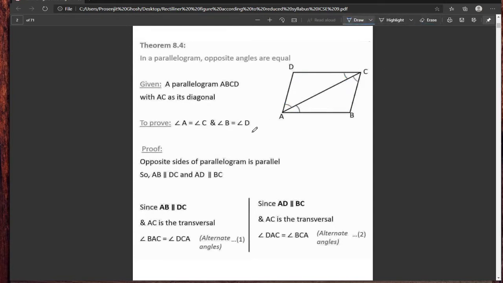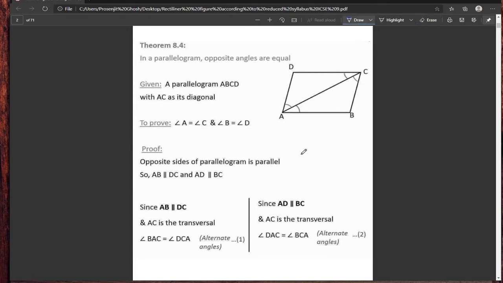Alright, so moving to the proof right now. What is the given thing? As this is a parallelogram, we can say the opposite sides are parallel, and that is going to help us build the idea of alternate angles.